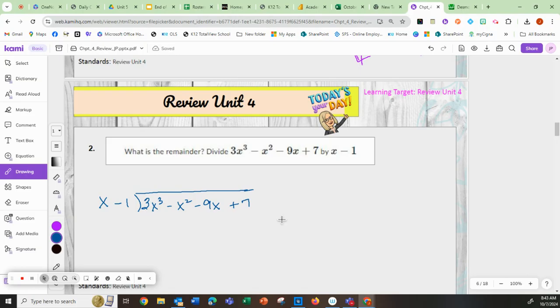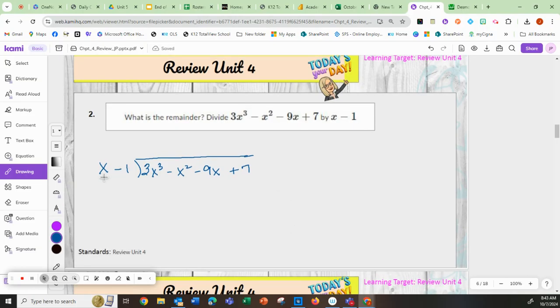So we would divide here. We would start with just your first term. x divides into 3x cubed, 3x squared times, and then we would multiply 3x squared times x to get 3x cubed. 3x squared times -1 to get -3x squared.